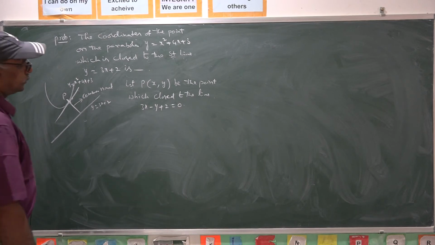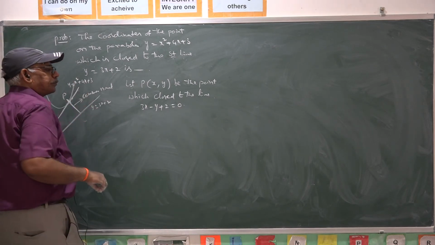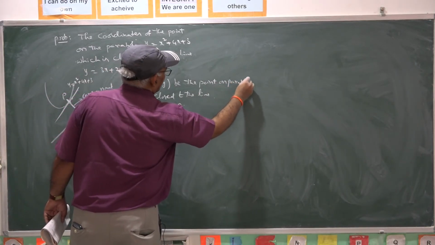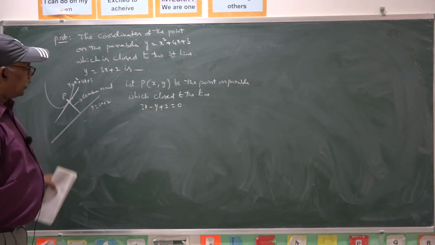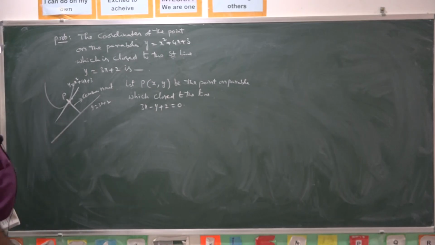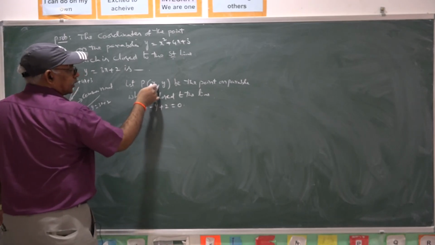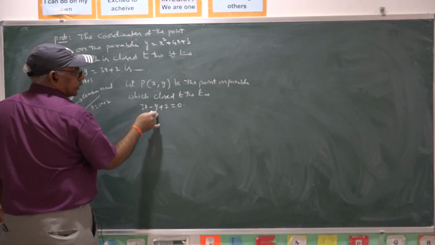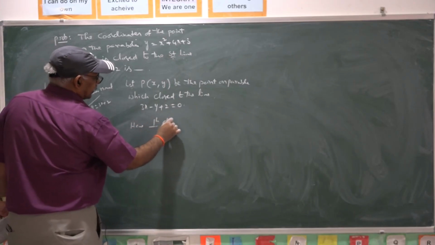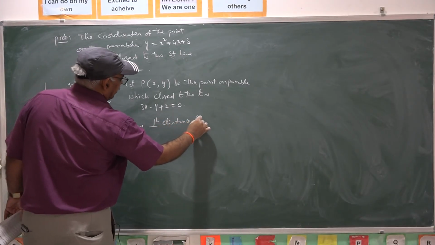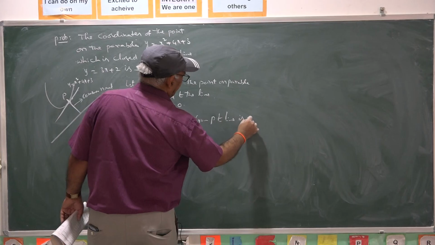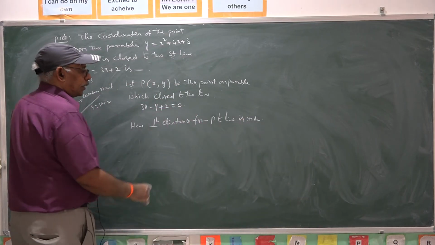P(x, y) is the point on the parabola, which is closest to the line. This point lies on the parabola, and the perpendicular distance from P to this line is minimum. That is our concept.